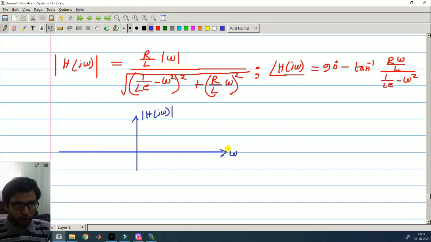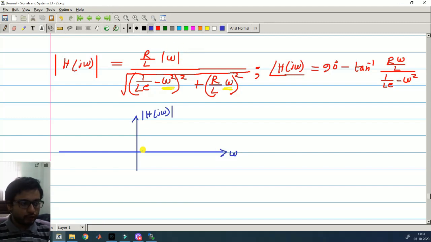Now let me plot the magnitude response approximately. At very low frequency, very low omega, in the denominator you can ignore the omega terms compared to 1 by LC, because omega tends to 0 and this is a finite number. So the denominator is something constant and the numerator will go towards 0.